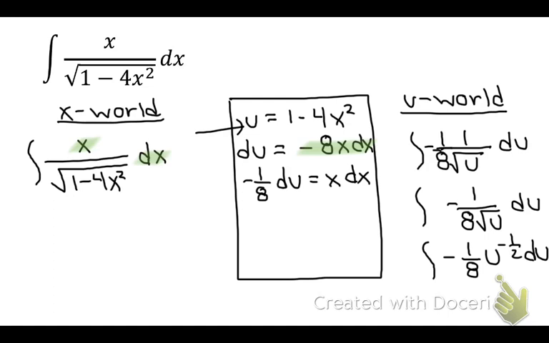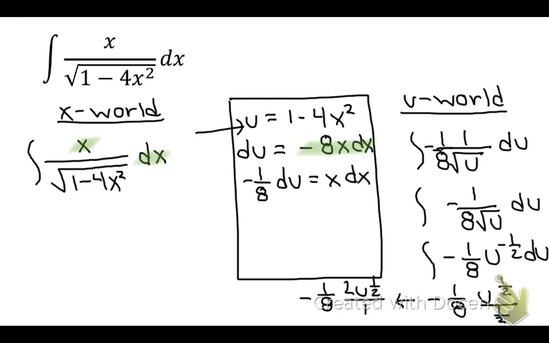Alright, let's take this integral. I get negative 1/8 u to the positive 1/2 over 1/2. But remember, dividing by a fraction is the same as multiplying by the reciprocal. So this is really going to equal, sorry, I'm working backwards a little bit on you, negative 1/8 u to the 1/2, and this is going to be a 2 over 1 now.